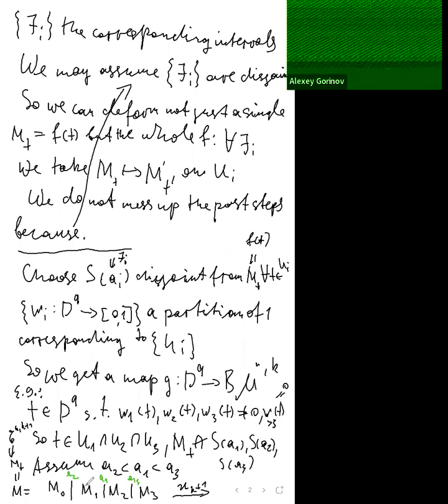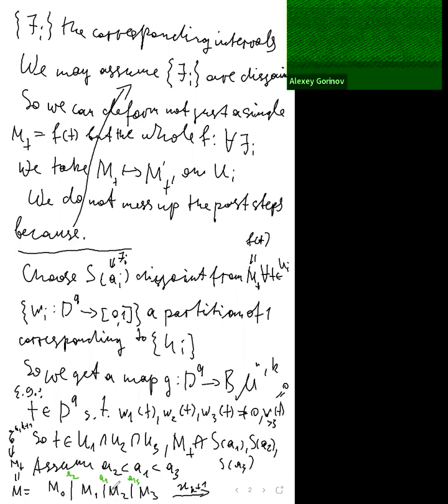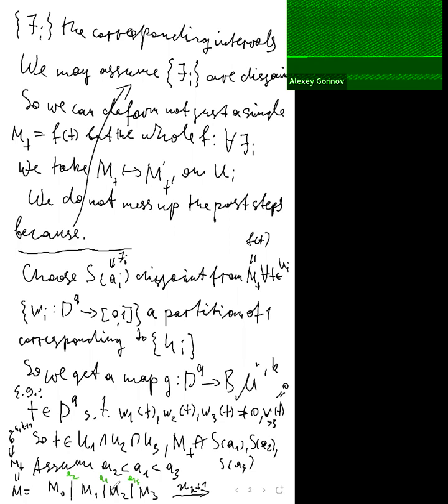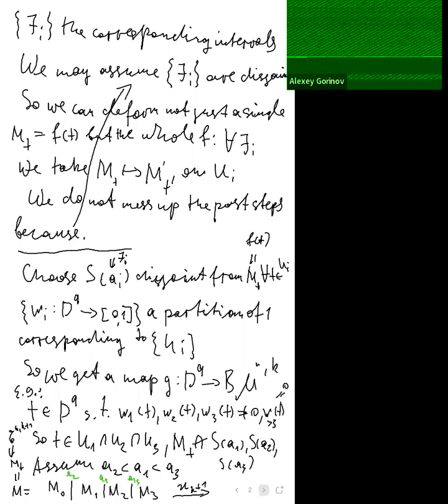So in particular, M1 and M2 can be thought of as elements of M N K, but not M0 and M3. So we cross them out.